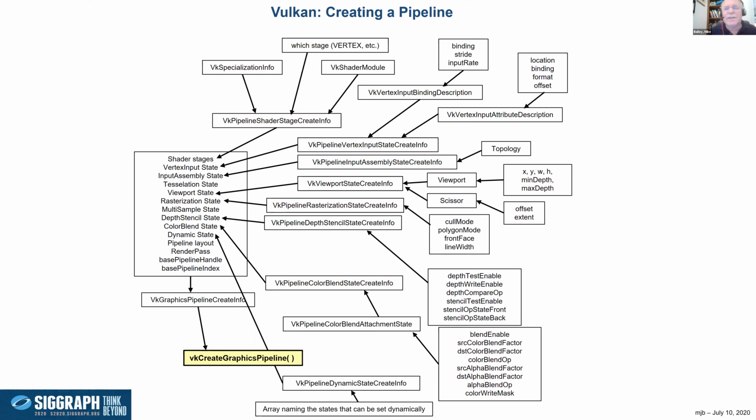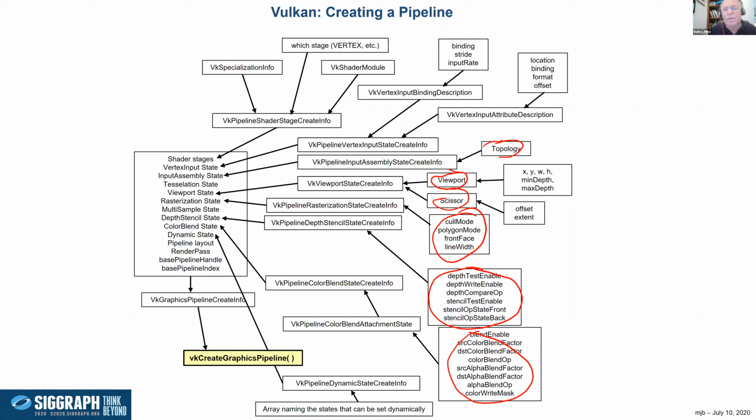This is the pipeline data structure, but if you look at it, you'll see a lot of things that you recognize. Here's viewport information, topology information, scissoring information, the cull mode or the polygon mode, stuff that you could have set in OpenGL about using the depth buffer, and stuff about the colors and the blending and so on.